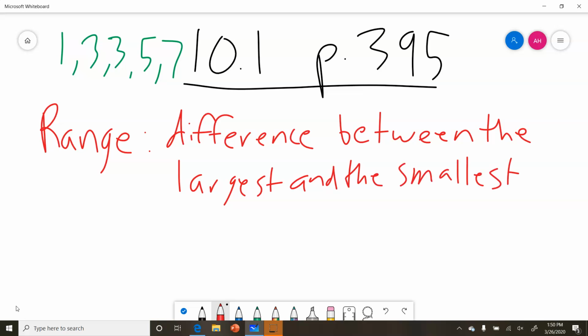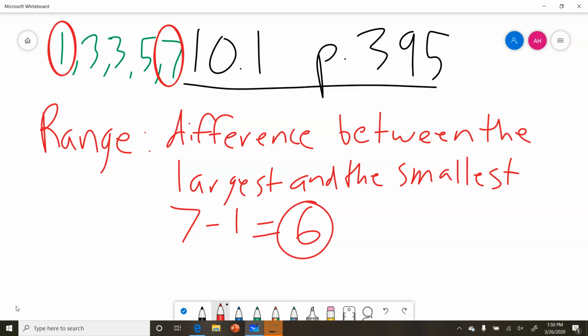In this case, we use the 1 because it's the smallest, and the 7 because it's the largest. So we're going to do 7 minus 1, which you can do in your head. The answer is 6. So the range in this problem is 6. Okay, that's how we do the range. You'll have some on the homework that are like that.